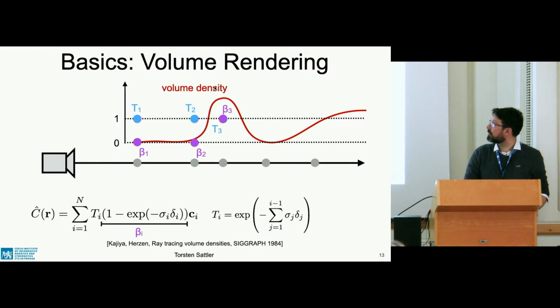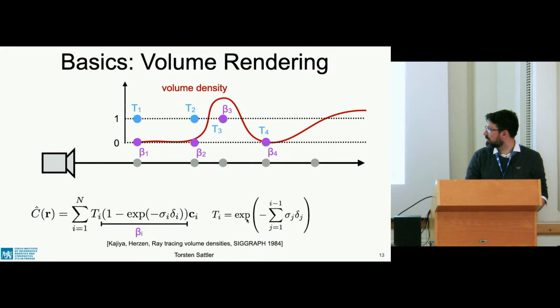But the beta term now also becomes large because this part becomes large, so this part becomes small, so this is close to 1. We get the next sample, which is again in a region that has no volume density, so the beta part is 0, but the T_i part is also close to 0 because you encountered one sample with a high volume density.